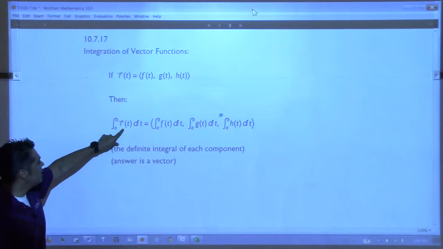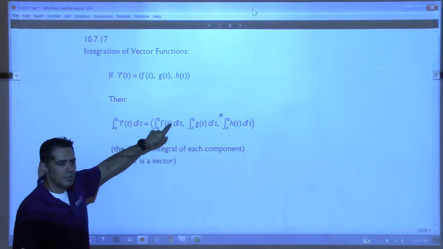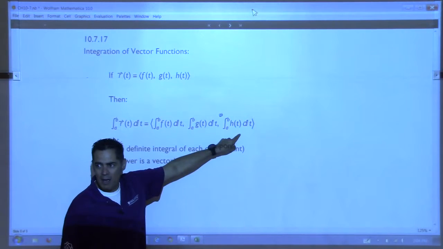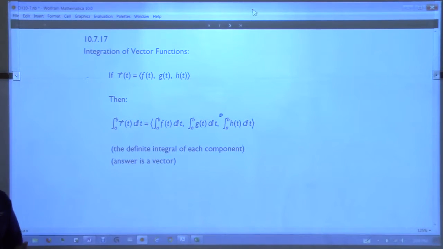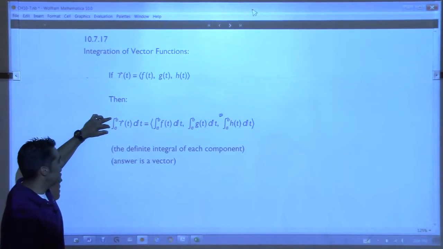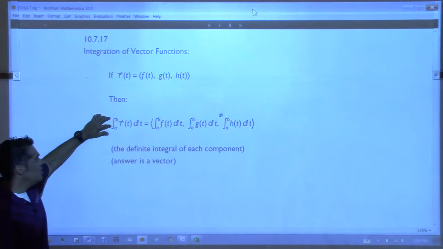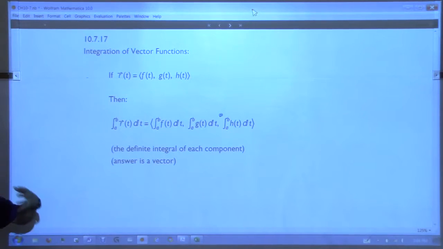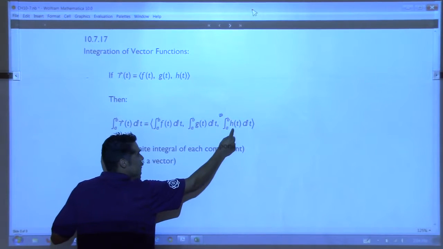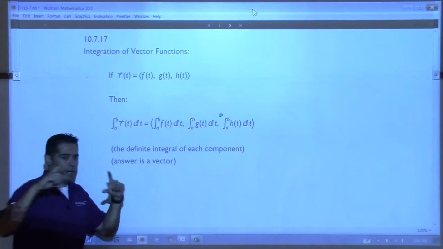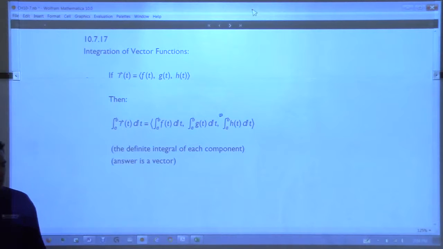If you're going to integrate a vector function, all you have to do is integrate each component function one at a time. So that's nice, right? We don't have to worry about any weird rules. In this case, it's a definite integral, so our answer should be a number, a number, a number, and all of those together will create a vector.